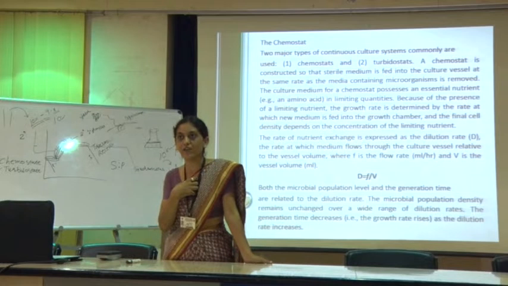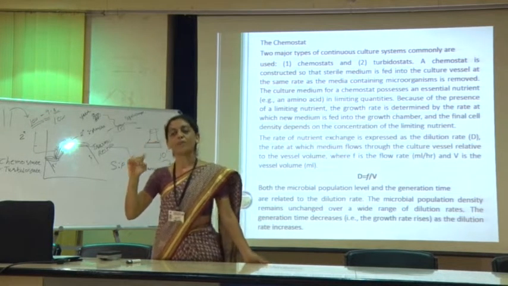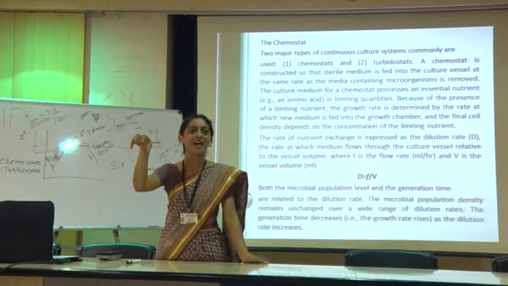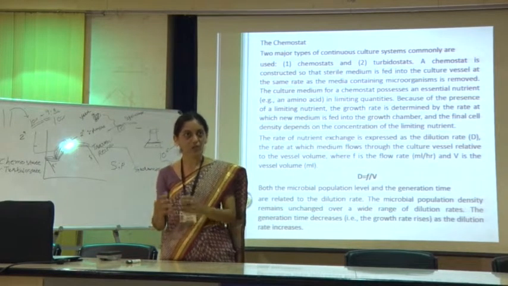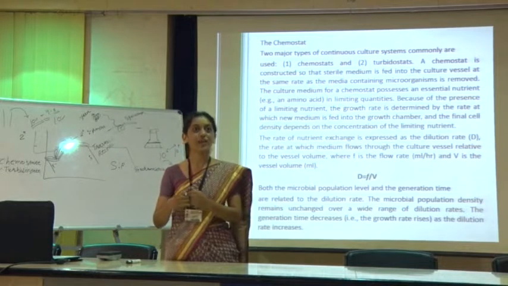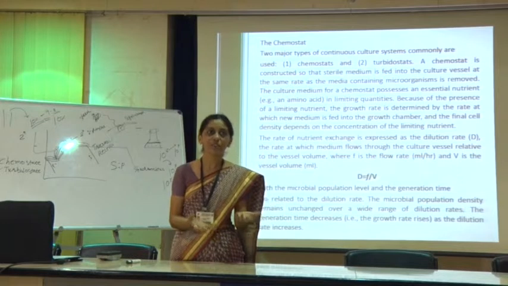If industry is interested in secondary metabolites like the enzyme amylase, they will continuously add starch. Organisms will utilize that starch for their growth as well as for secondary metabolites. So why would they die? If they are getting nutrient, they won't die.